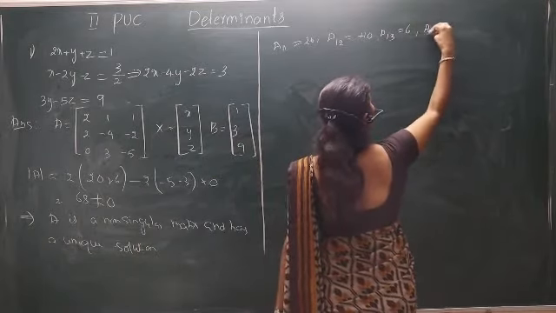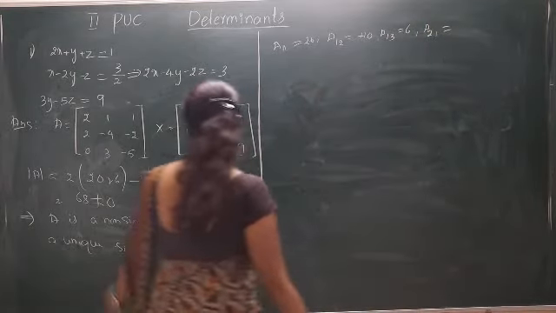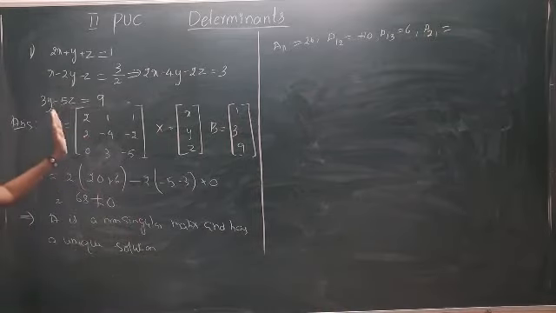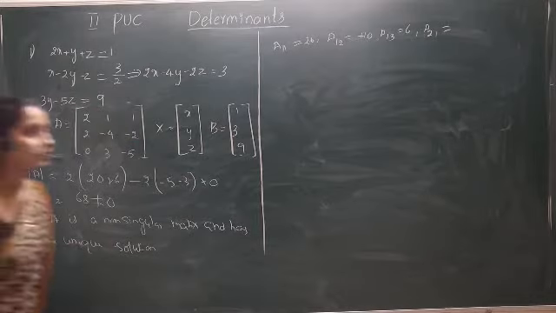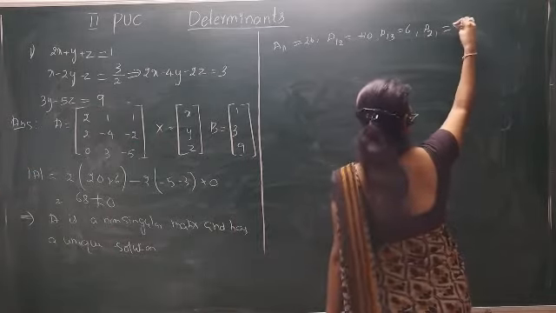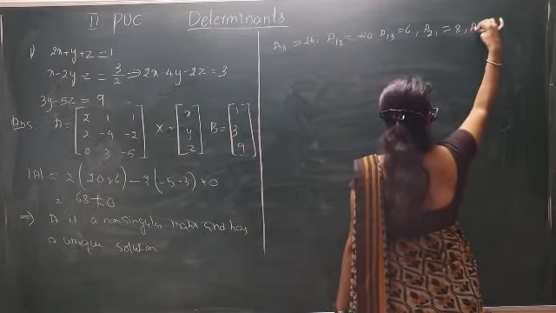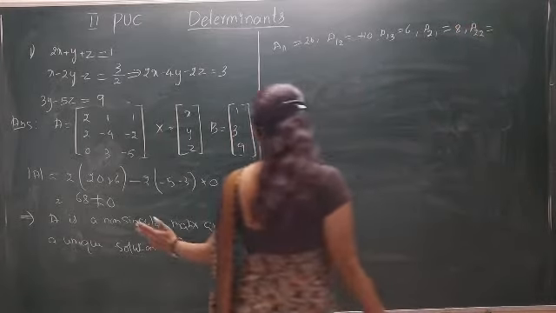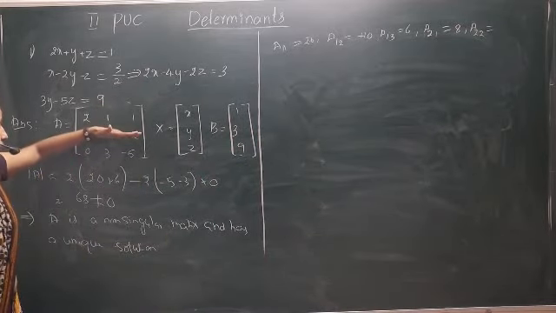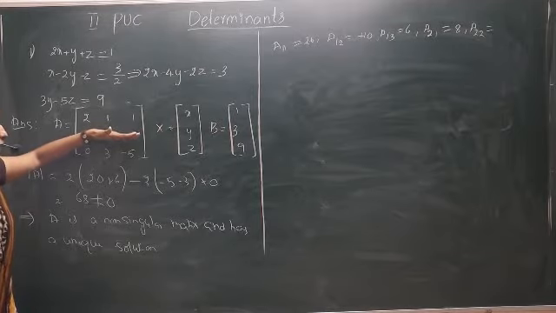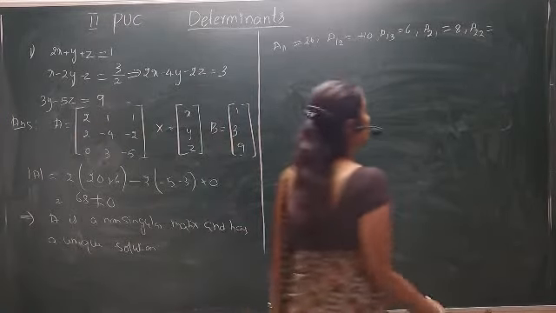Then A21 is second row first column, minus of minus 5 minus 3, which is minus 8, so minus minus is plus 8. A22, deleting second row and second column, so minus 10 and 0, so it is plus minus 10.